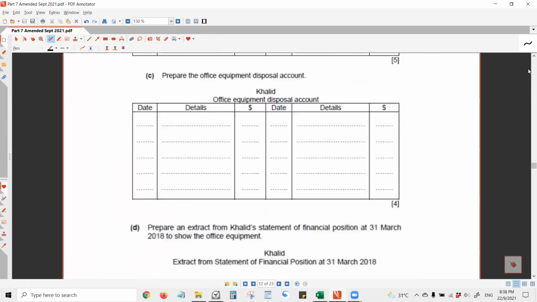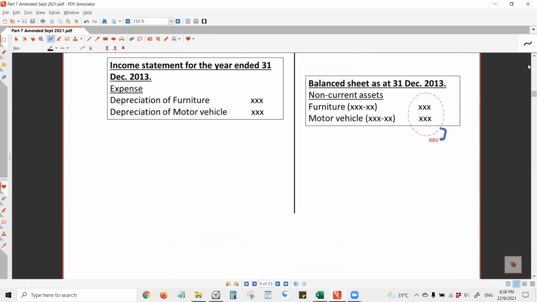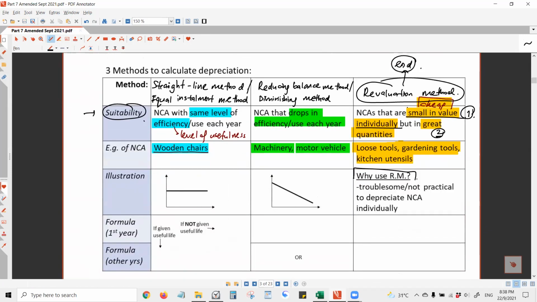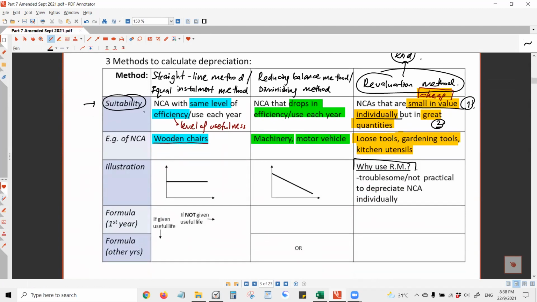Now, go back to the note section. Let's learn a few more things before we go on to try questions again. Come back to this table, page 108. Now we have understood a bit about each and every method here, about the factors you should consider when you are choosing which method to calculate depreciation.